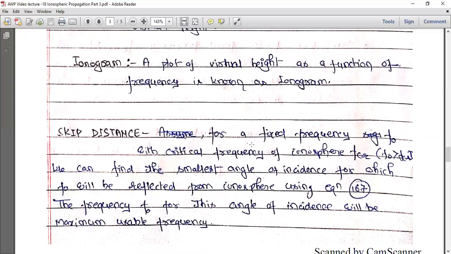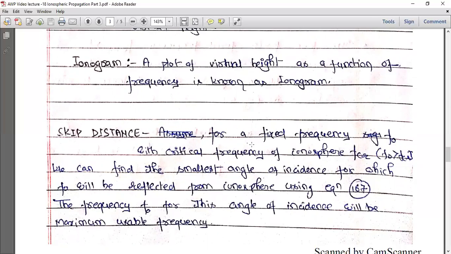No frequency beyond this will reflect back from the ionosphere when incident normally. So we assume a constant frequency f0, and for this value of f0 we can find the smallest angle of incidence for which it will be reflected back from the ionosphere, given by expression number 167.